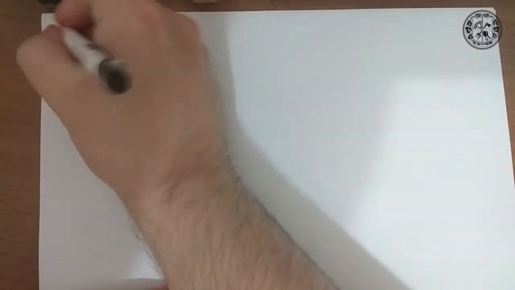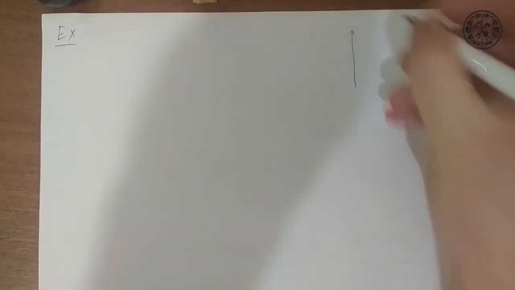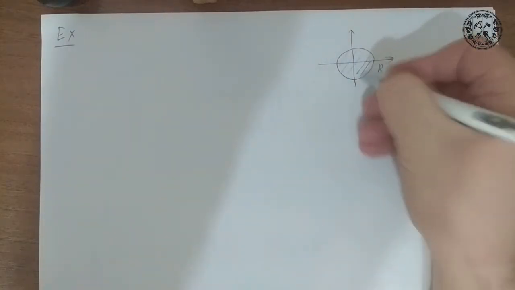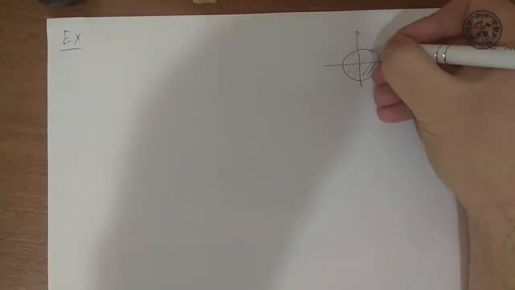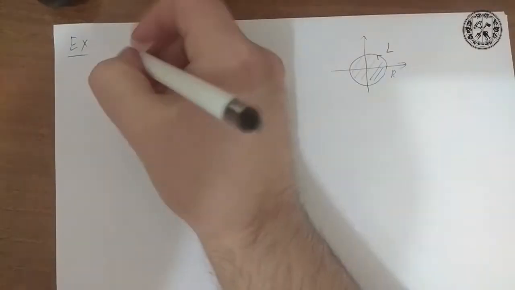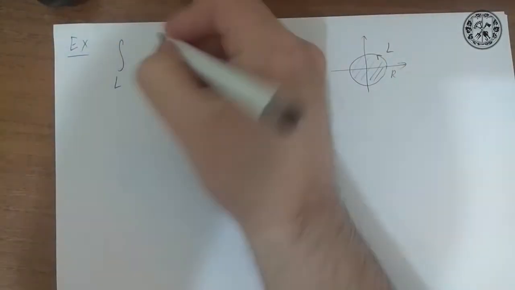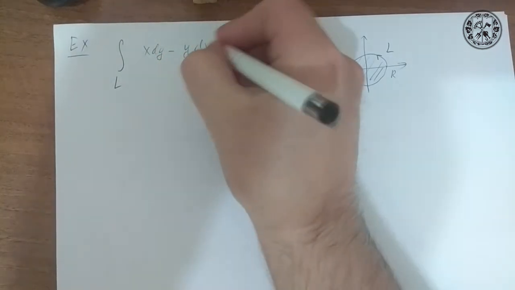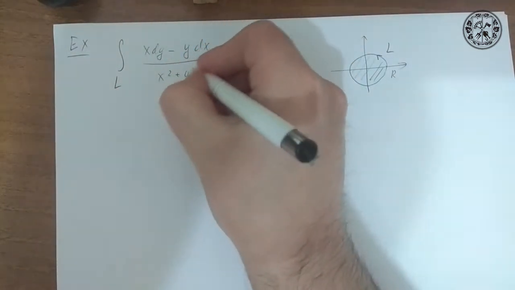However, we cannot always apply this formula. Let us have the same contour. And here we have the integral over L of x dy minus y dx divided by x squared plus y squared.